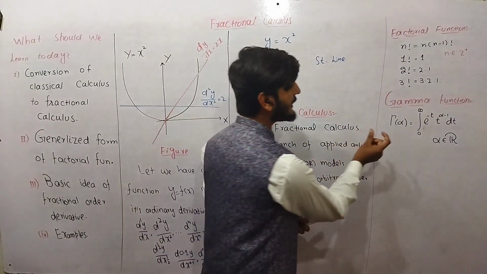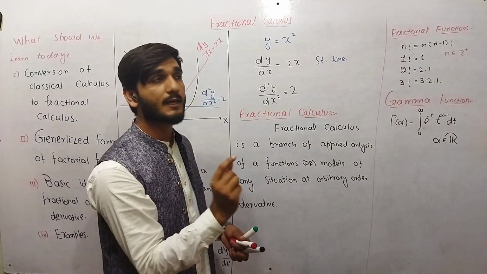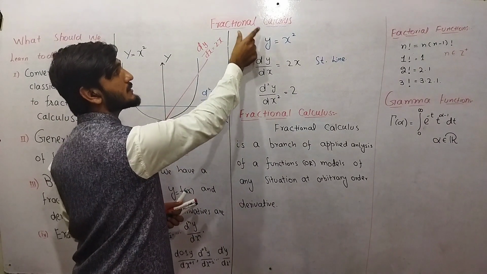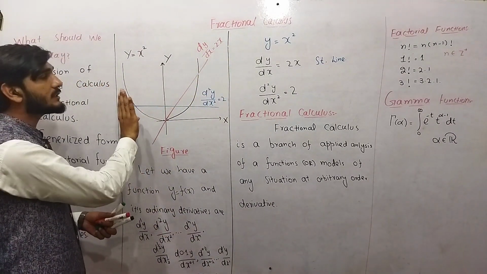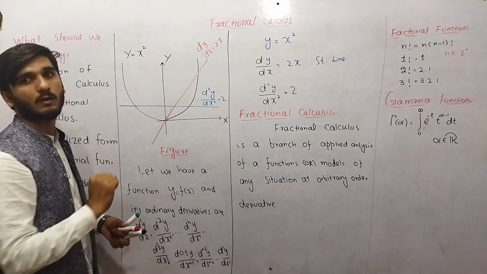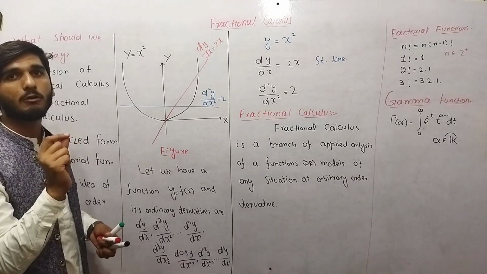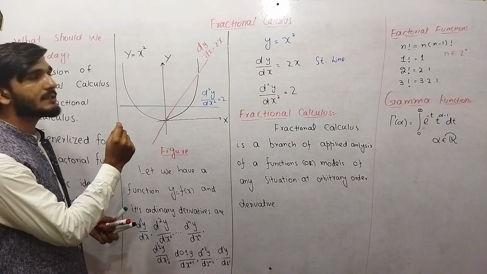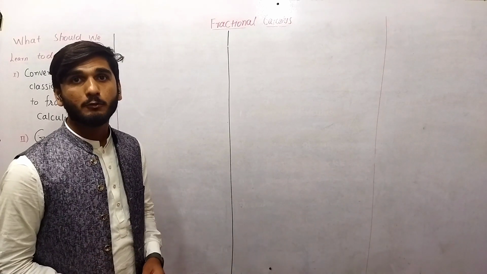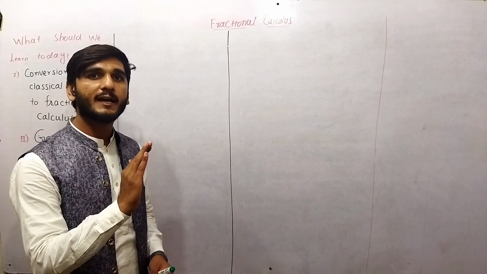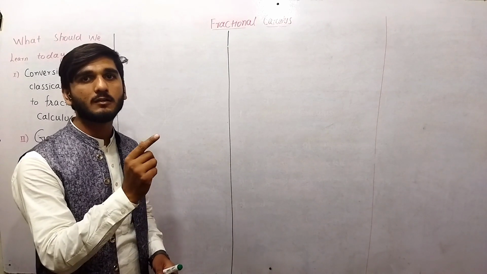So this is the concept which helps us to study fractional calculus, and the behavior which turned us from classical calculus to fractional calculus. Okay, let me have an example of the power rule of classical calculus. Next we will see how we can turn the power rule of ordinary calculus into fractional calculus.